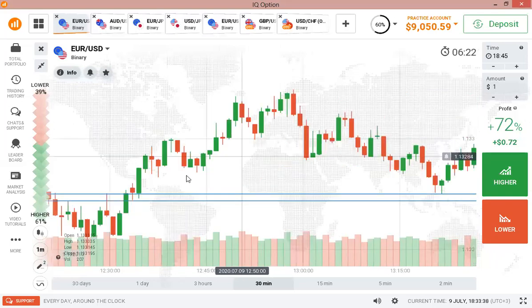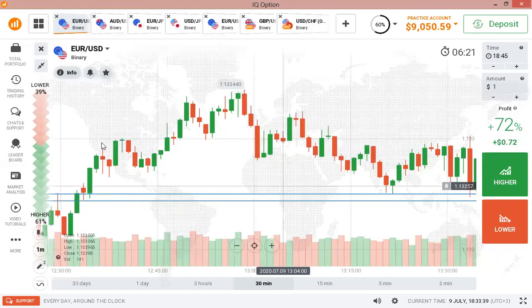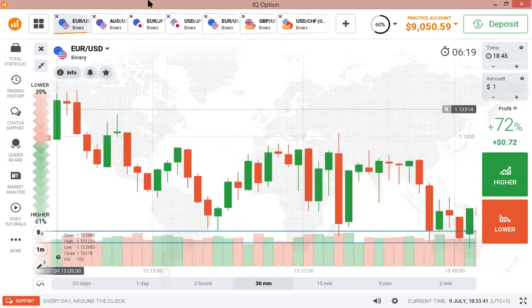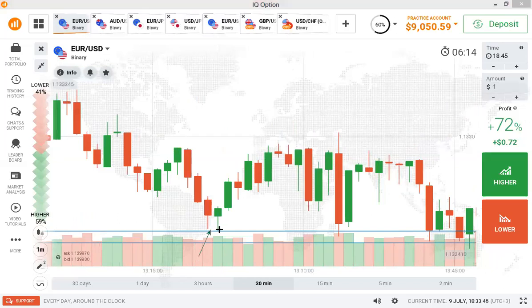Then you go to the left side, and you can see here a strong rejection and a bias entry.